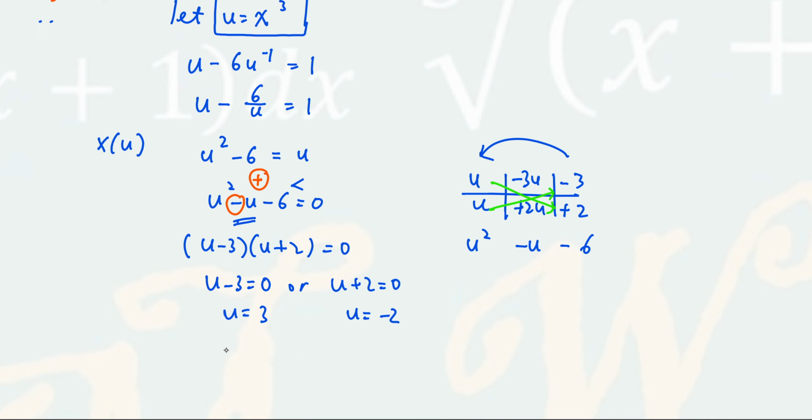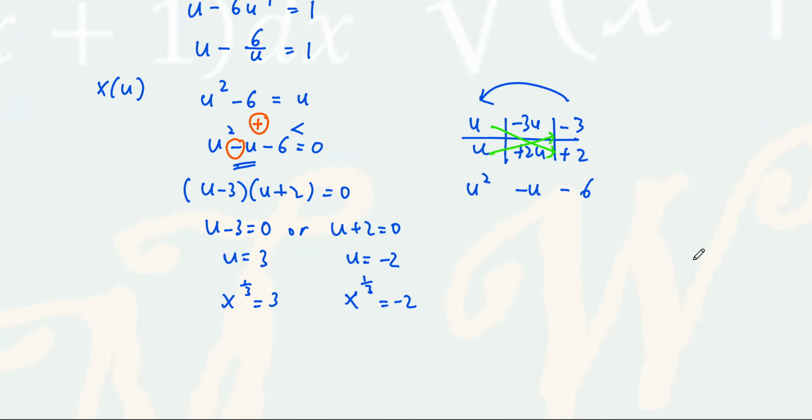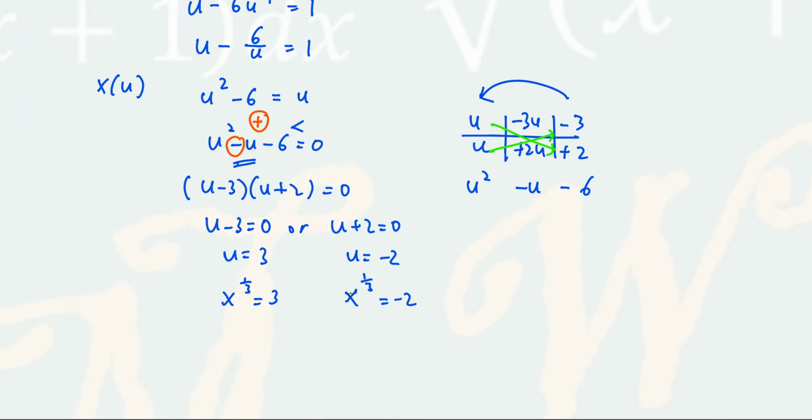So I will write x^(1/3) = 3 or x^(1/3) = −2. For your information, when the degree is an odd number, like 3 here, it is fine to get positive and negative. But if it is the power 1/2, the 2 is an even number, so it must always be positive. You have to take note of this.